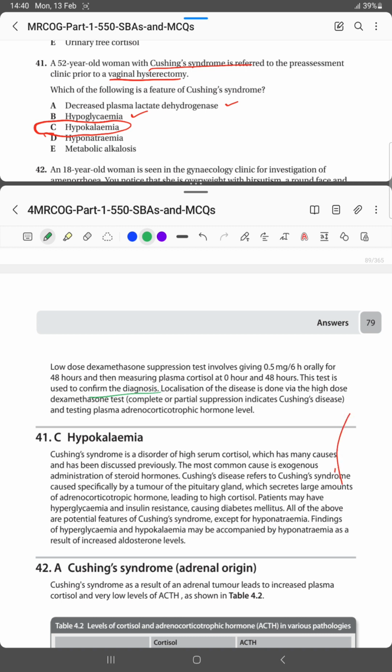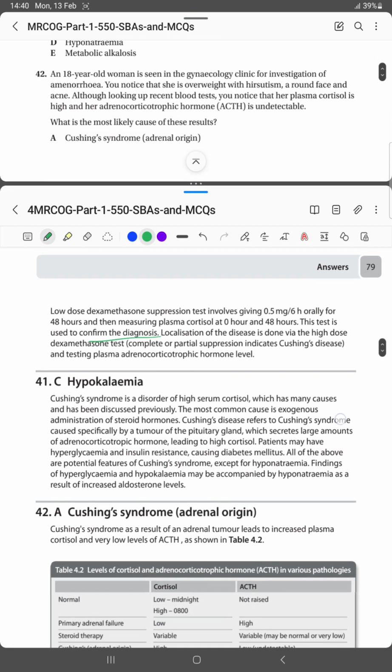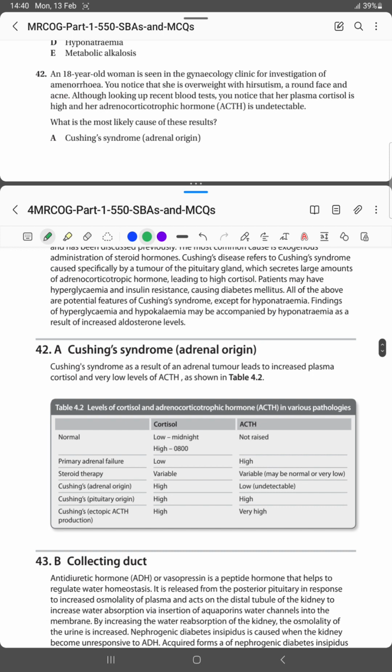Now let's move to our next question. An 18-year-old woman is seen in the gynecological clinic for investigation of amenorrhea. You notice that she is overweight with hirsutism, a round face, and acne. Looking up her recent blood test, you notice that her plasma cortisol is high and her adrenocorticotropic hormone is undetectable.